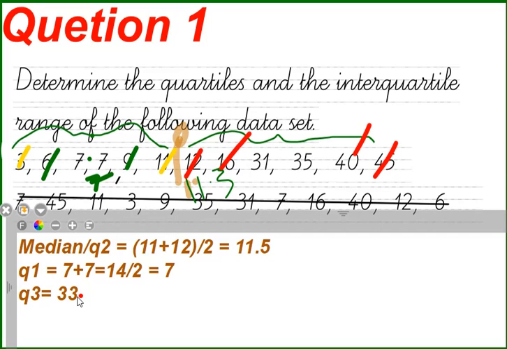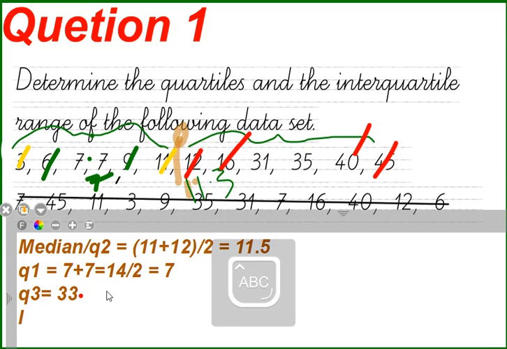And then they want us to calculate the interquartile range of the following data. As we've discussed in the previous slide, you get the interquartile range by saying Q3, the largest one, minus Q1.